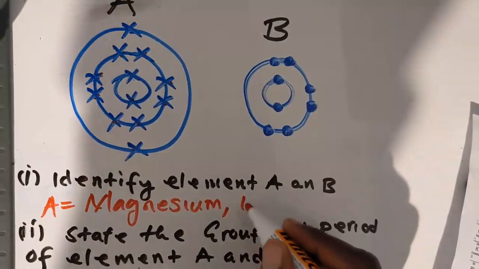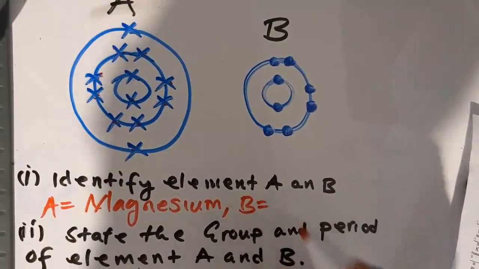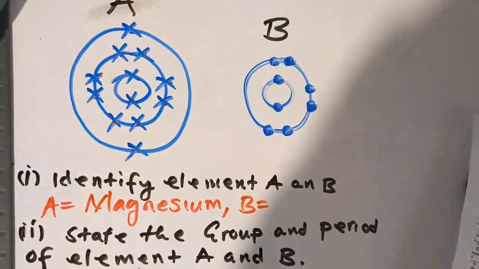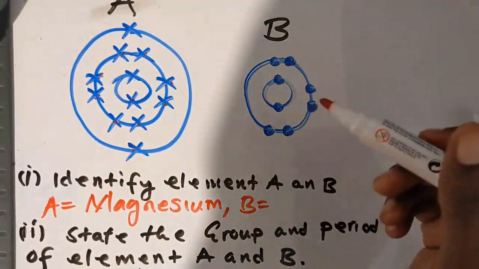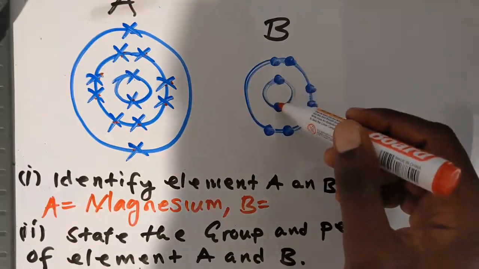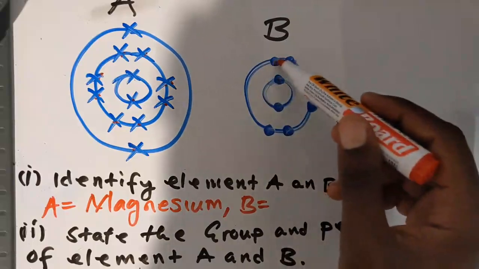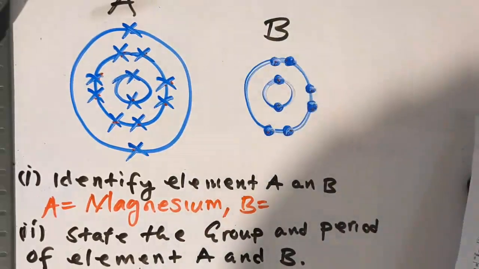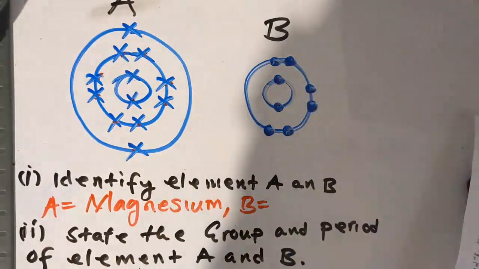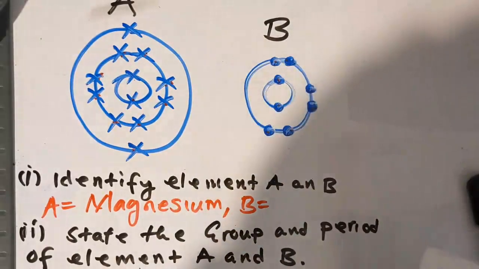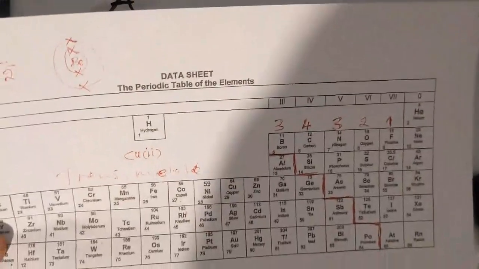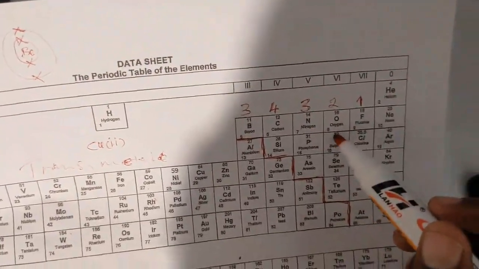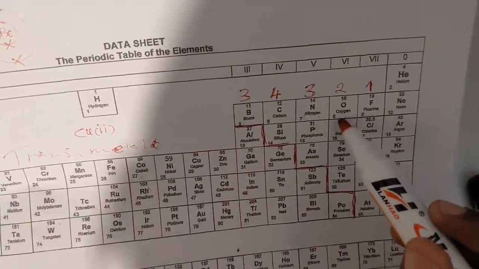What of B? What is B? So we do the same, we count the number of electrons. So we come to B, we have 1, 2, then 3, 4, 5, 6, 7, 8. So going on the periodic table, this has 8 electrons, and the atom that has 8 electrons is oxygen. So we have 8 here, okay?